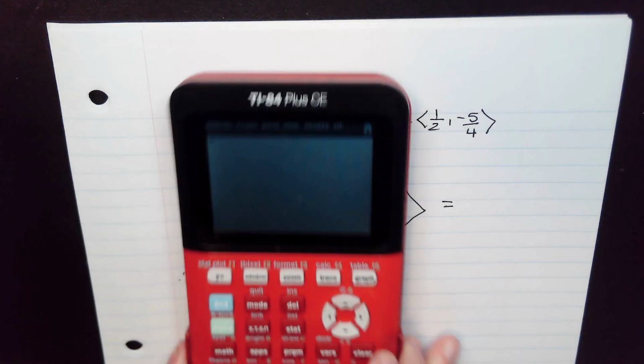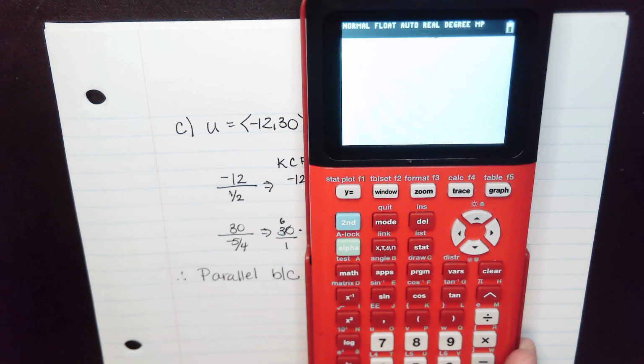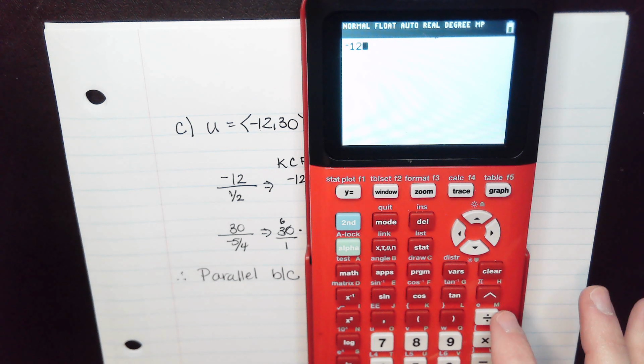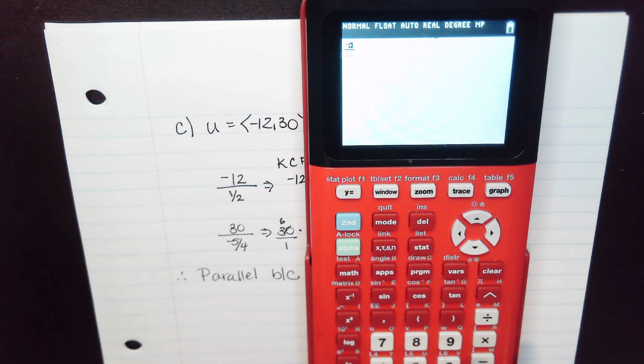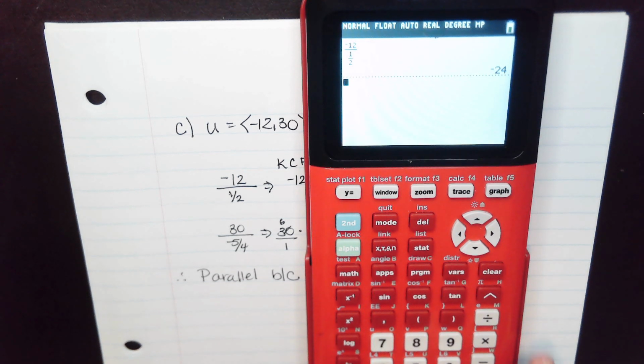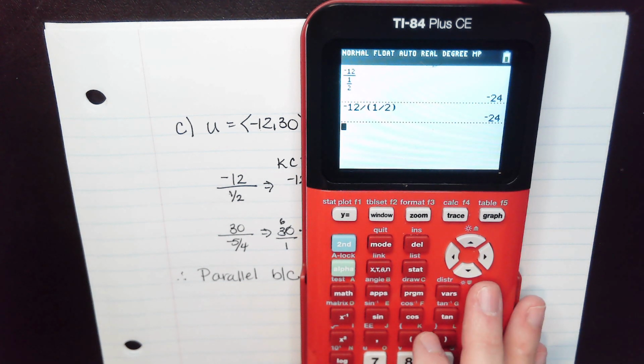Oh, I was going to show how to do that in your calculator. So here I could type in negative 12, a couple different ways actually. Let's do alpha y equals. So let's do negative 12, and then in the bottom you could do alpha y equals even again. And that'll give you negative 24, or you could do negative 12 divided by 0.5 or 1/2 gives you negative 24.